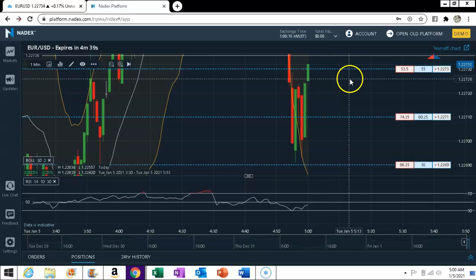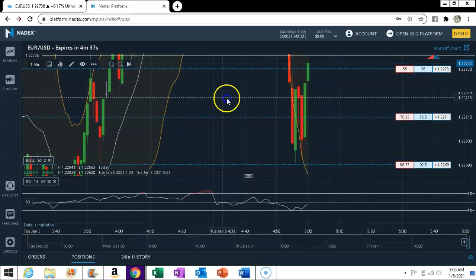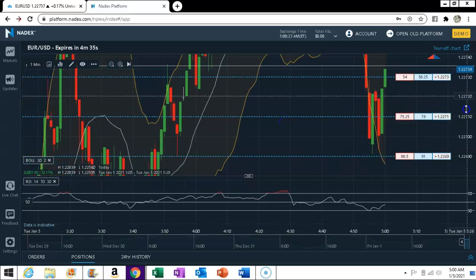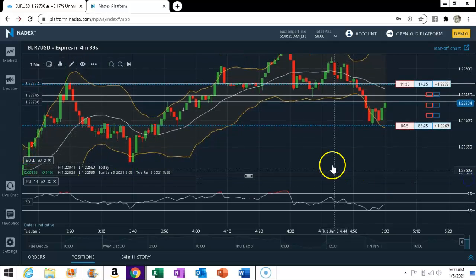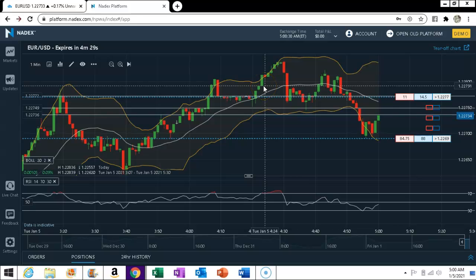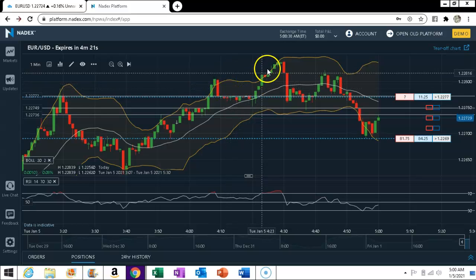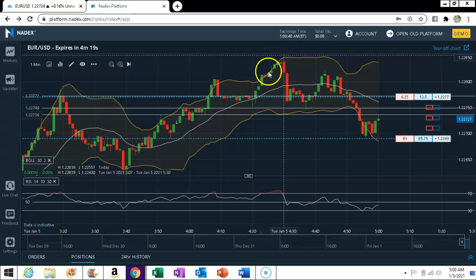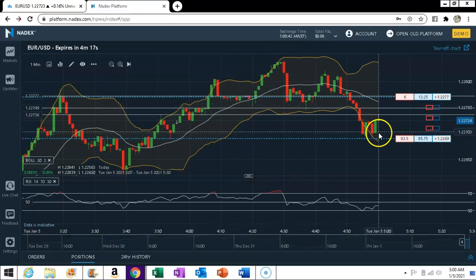Okay, so to the indicators that I have on my chart. What I have up top is what is called the Bollinger Band. And why I like to trade the Bollinger Band is because it gives you indication of when price is overbought or when price is oversold.